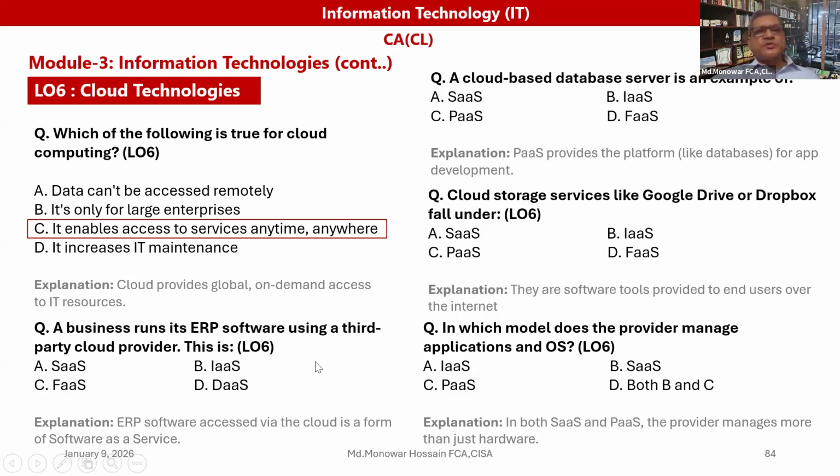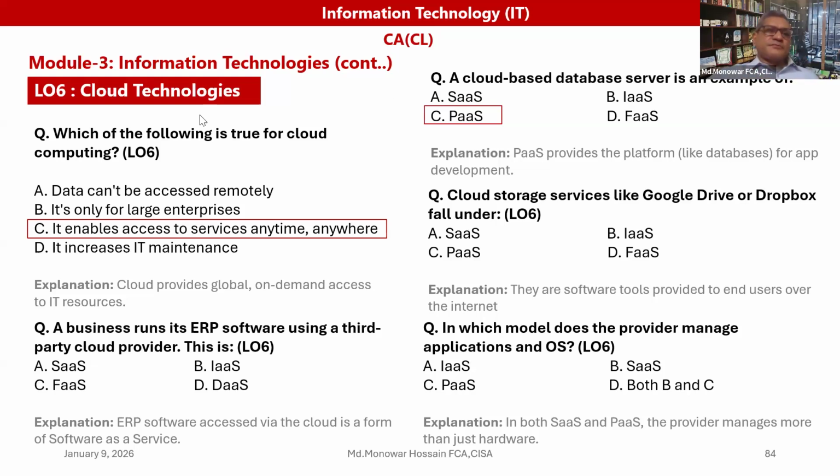We know the cloud provides global, on-demand access to IT resources. Answer C. A cloud-based database server is an example of what? Database server, cloud-based, within the four, which one? Platform as a service, because platform as a service provides the platform, like a database, for app development.